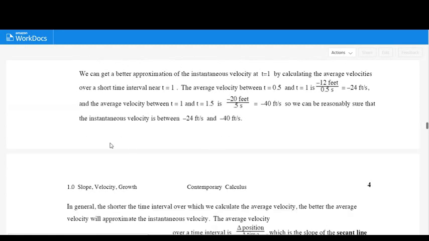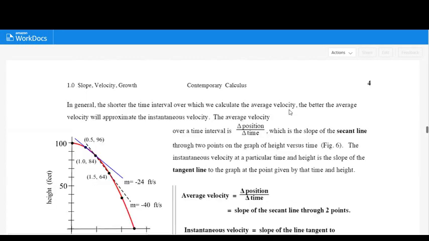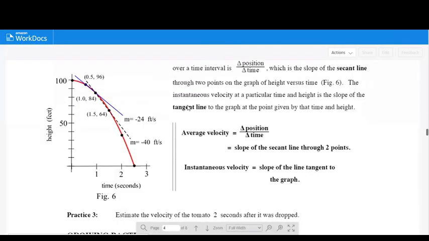So in general, the shorter the time interval over which we calculate the average velocity, the better the average velocity will approximate the instantaneous velocity. So the average velocity over a time interval is this one, delta position over delta time, which is the slope of the secant line through 2 points on the graph of height versus time. So the instantaneous velocity at a particular time and height is the slope of the tangent line naman to the graph at the point given by that time and height.